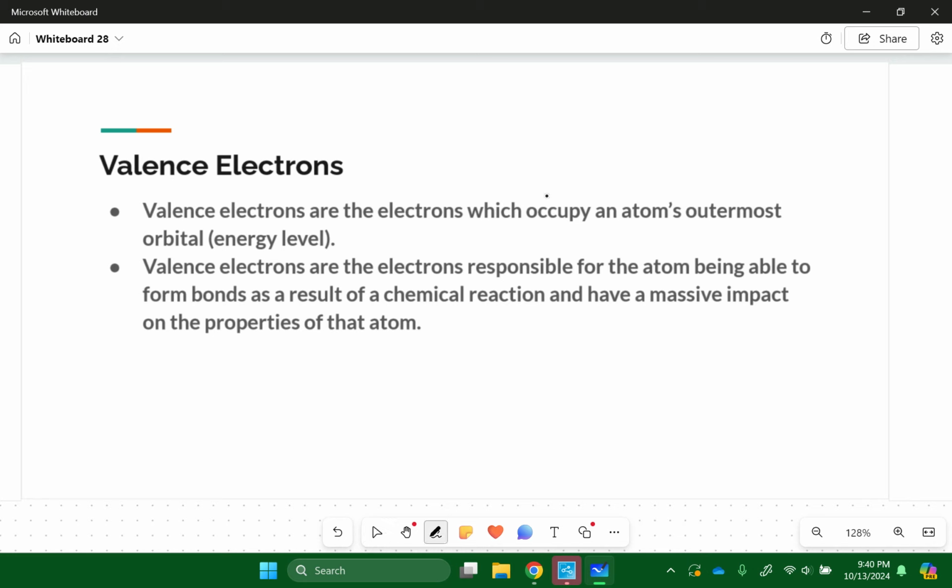Now, this bullet point, we're going to talk about more in a future unit. But for now, what I want you guys to know is valence electrons are the outermost electrons in an atom.